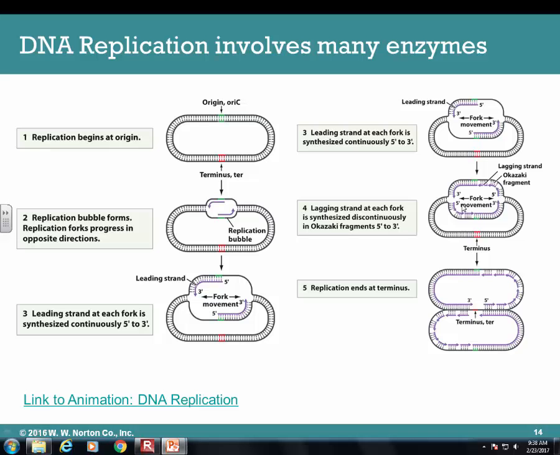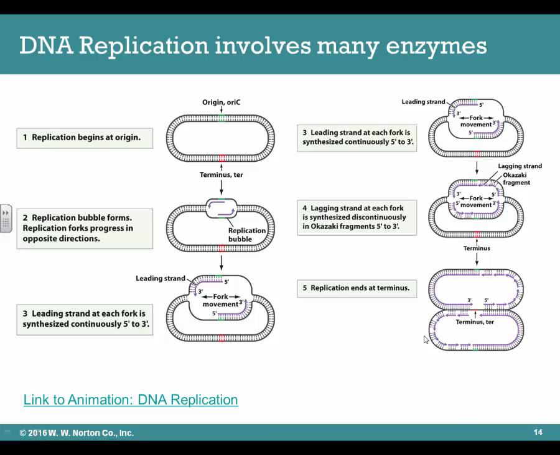And that happens in two directions, where you have the leading and the lagging strand being polymerized, so that in the end you've got 4 strands of DNA, 2 complete copies of the genome, by the time the enzymes get to the terminus. In the end, you have the parent strand here in black and the newly synthesized strand in purple. And there are other enzymes like ligases that fill in all of these gaps that you see between the Okazaki fragments to make a complete copy.